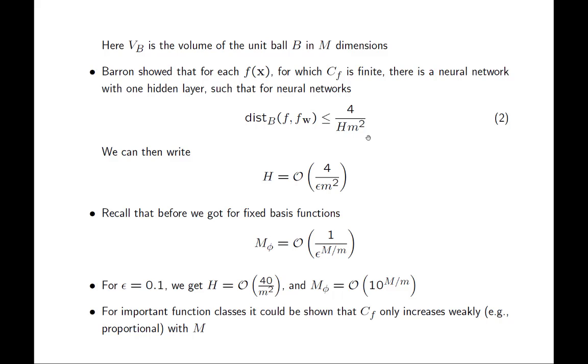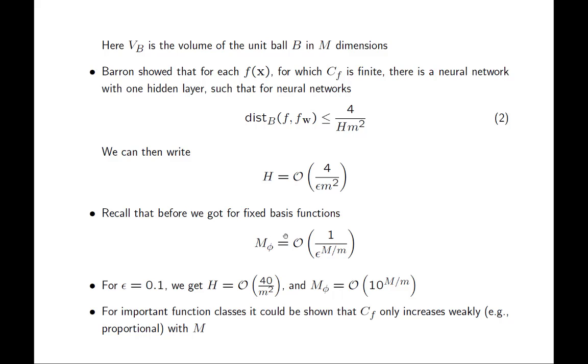Under this constraint, he could show that the number of hidden units is on the order of 4 divided by epsilon times m squared. Epsilon is the error you are willing to tolerate; if it's smaller, you need more hidden units. And m is a smoothness parameter; if it's smoother, you need fewer parameters. The important thing is that the input dimension doesn't appear in this equation at all, so the number of input dimensions is not important for this estimate of the approximation error.